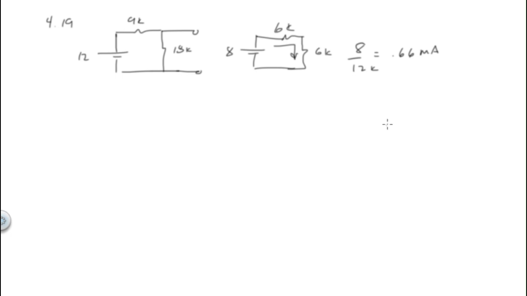Okay, so I squared, so it's 0.66 times 10 to the minus third squared times 6K.